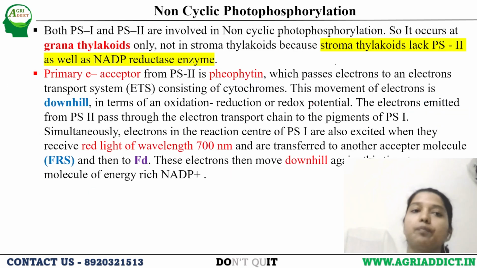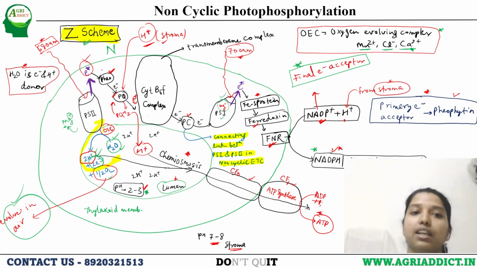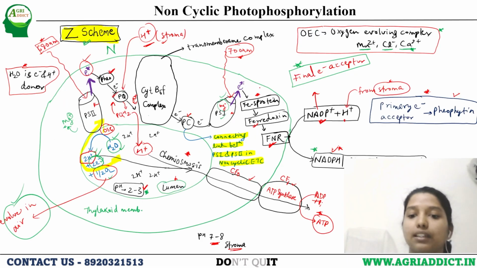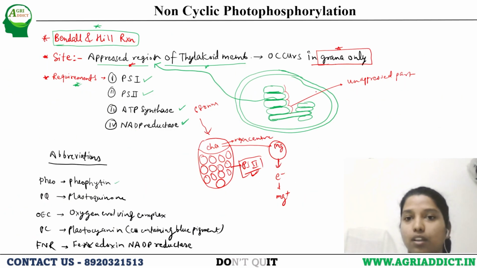Now the explanation. Both PS1 and PS2 are involved in non-cyclic photophosphorylation. In the previous slide we studied that PS2 and PS1 both are involved in non-cyclic photophosphorylation. It occurs in grana thylakoids. I already told that it occurs in grana thylakoids because PS2 is present here.